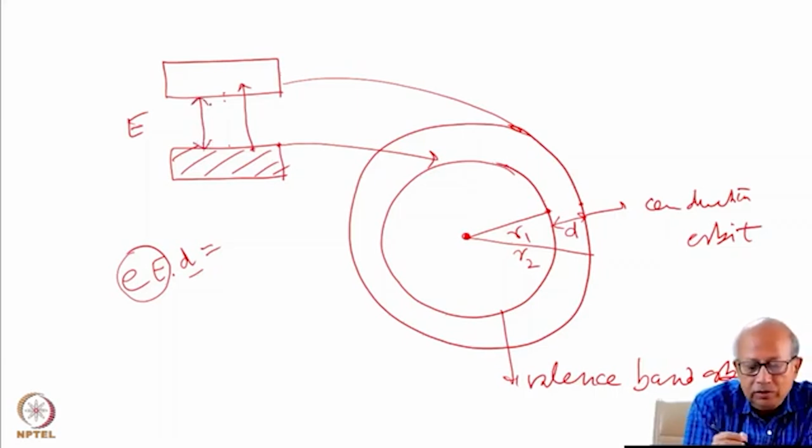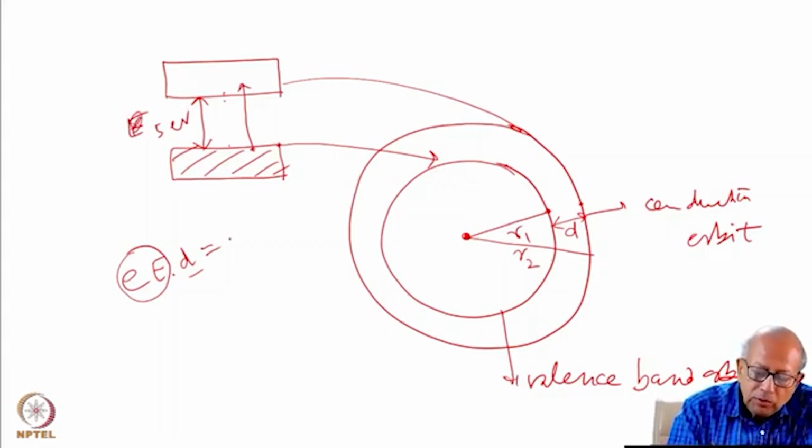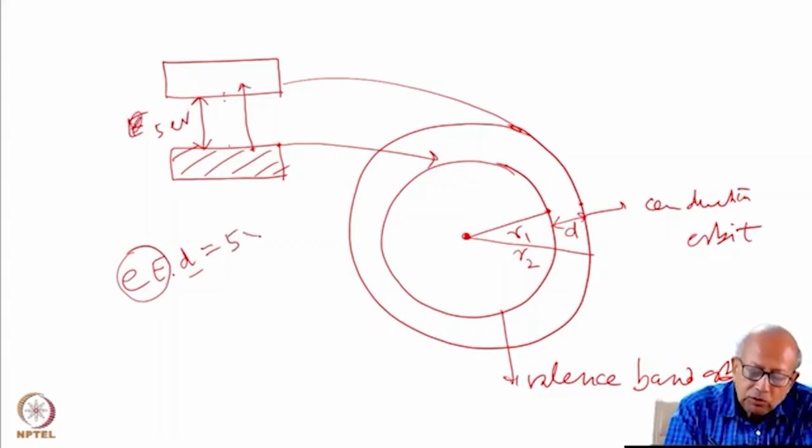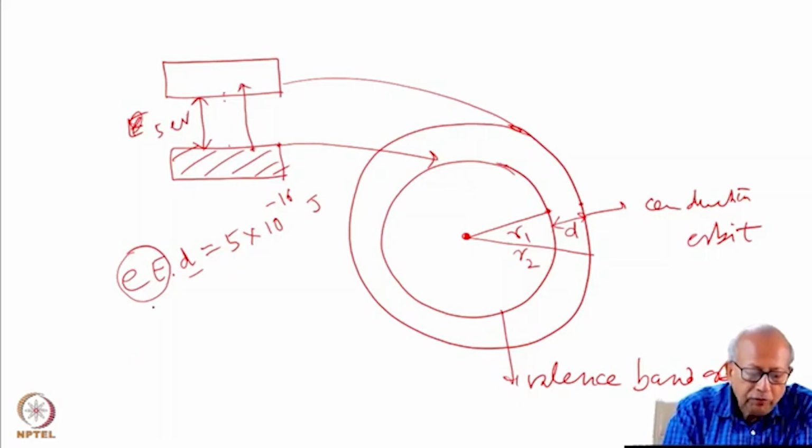Suppose this energy is 5 electron volts. So this must be equal to 5 electron volts. If I write it in terms of joules, it will be 5 into 10 to the power minus 16 joule.